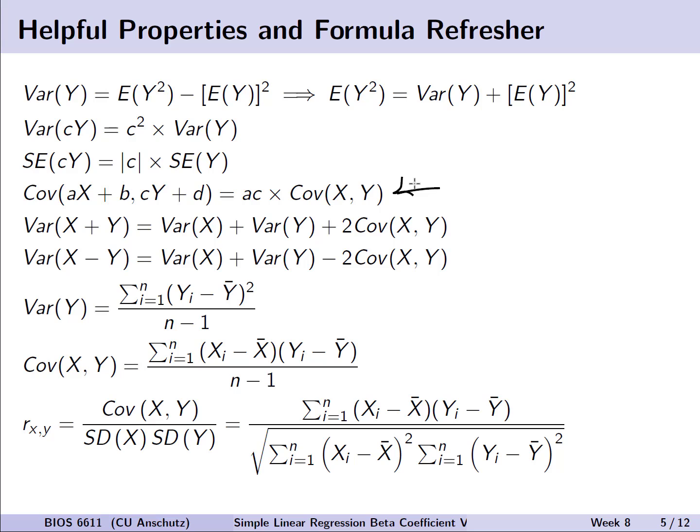So if a, b, c, and d are all constant values, and x and y are our 2 random variables, the covariance of a times the random variable x plus b and c times the random variable y plus d will be equal to those constants a times c multiplied by just the covariance of x and y.